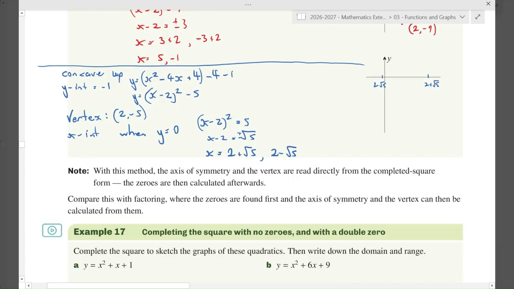Now, this is a sketch. You do not have to have 1, 2, 3, 4 and all them on there and then have this perfectly placed in between them. You can just put your intercepts on there, as long as you've got them on the correct side of the axes and approximately where they would probably sit. So one of them's at minus 0.2, one of them's at 4 point something.